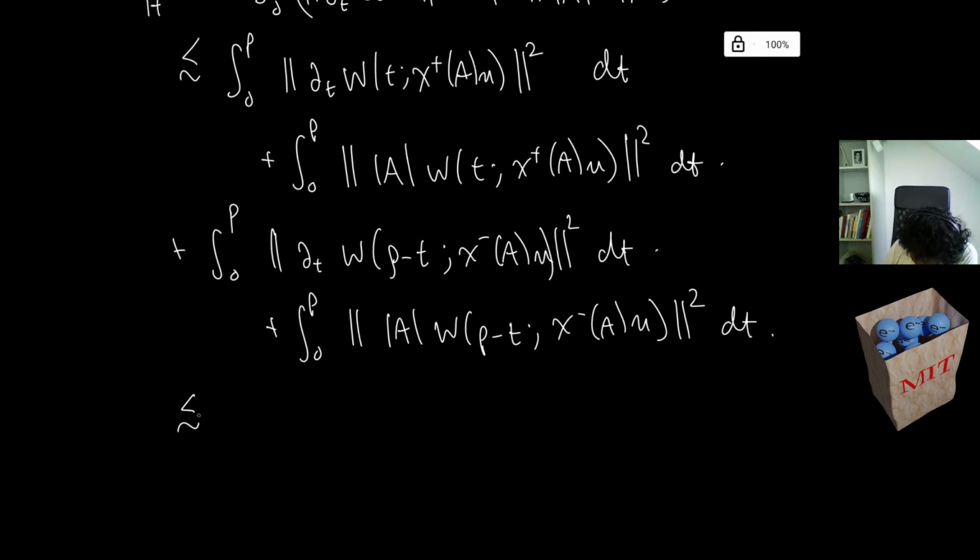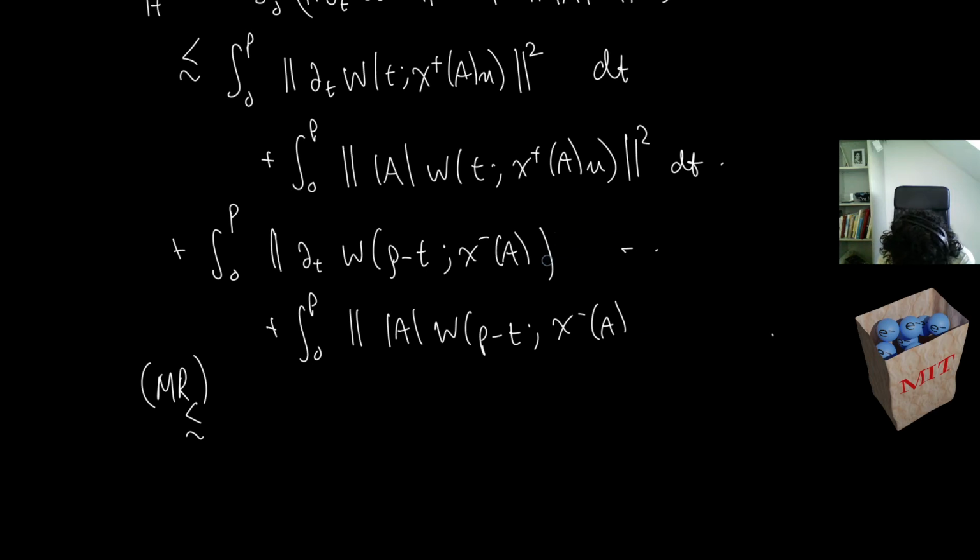So what we obtain immediately from maximal regularity is that the first term now is bounded by C rho of U, sorry, yes, C rho of U, right.